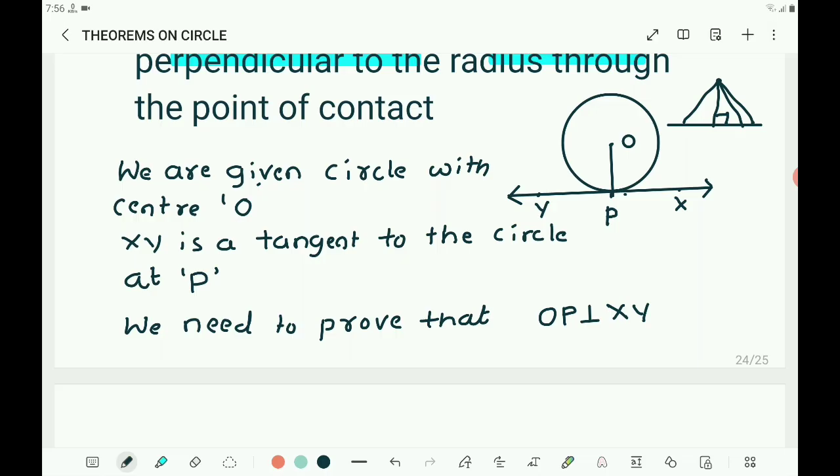So here we have to prove that OP is the shortest distance of all the lines that can be drawn from O to XY. So let us draw one more line by taking a point Q other than P. That is the extra construction needed here.